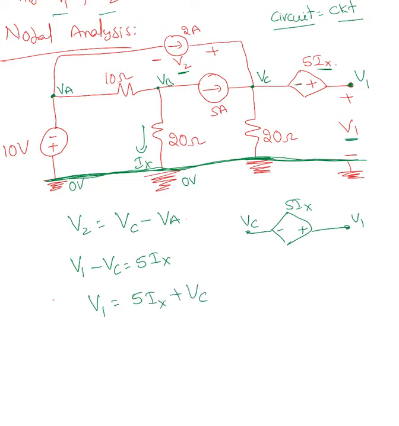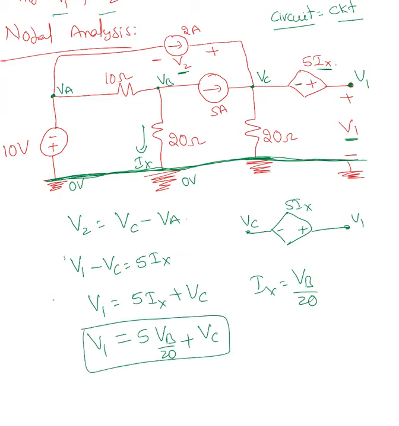What is Ix? Ix is nothing but, in this case, VB over 20. So V1 equal to 5 times VB over 20 plus VC. That's my V1. Okay, so these are the equations I have.